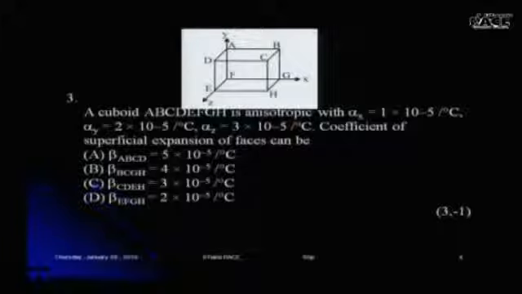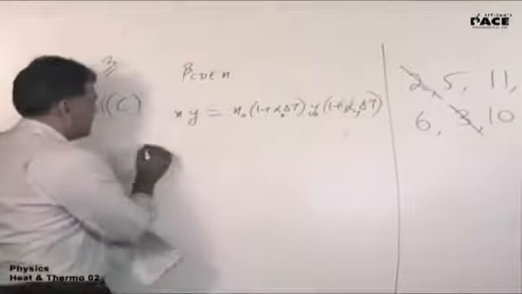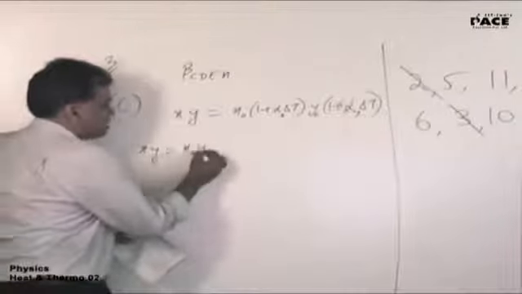CDEH is parallel to the X and the Y. So shall I say the new length XY will be equal to X naught into 1 plus alpha X delta T, and Y naught into 1 plus alpha Y delta T. Right, like that. Now XY is equal to X naught Y naught.